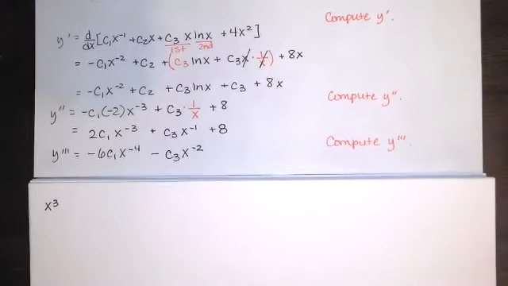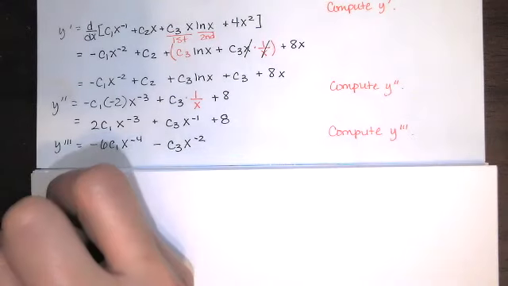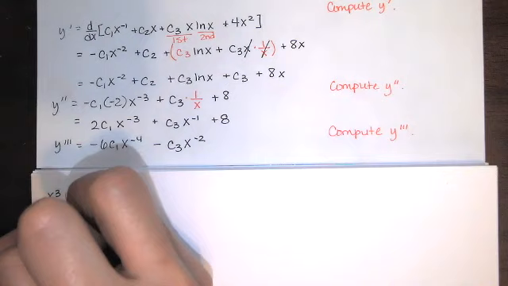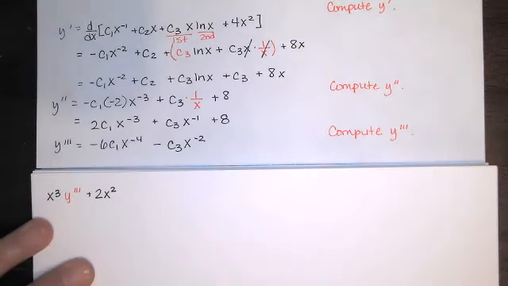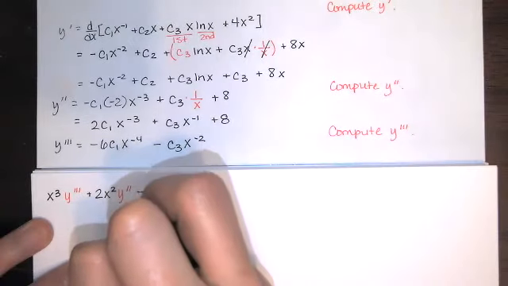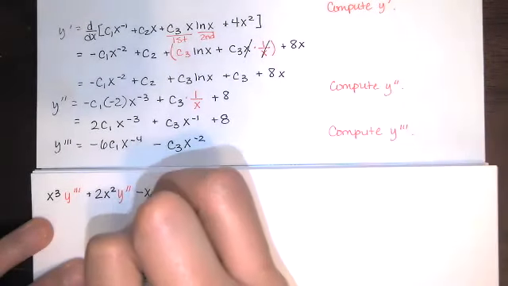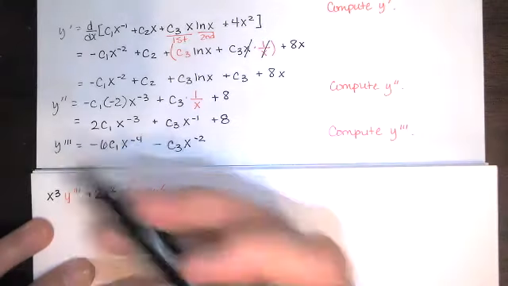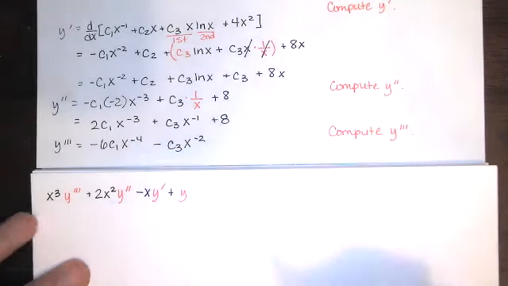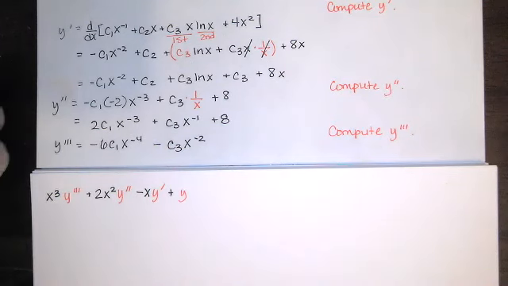Actually, I think I'll just write it down for us right here. x cubed times y triple prime plus 2x squared times y double prime minus x times y prime plus y. And all of those y's and y's derivatives are going to be substituted.